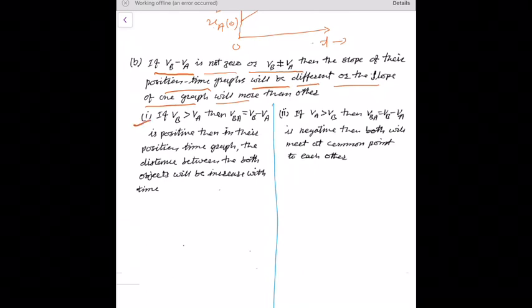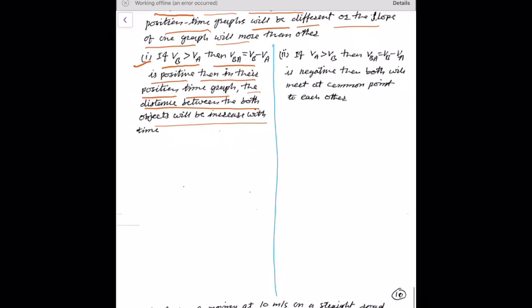First, if VB is greater than VA, then VBA is equal to VB minus VA is positive, then in their position time graph the distance between the two objects will increase with time, as shown in the diagram.